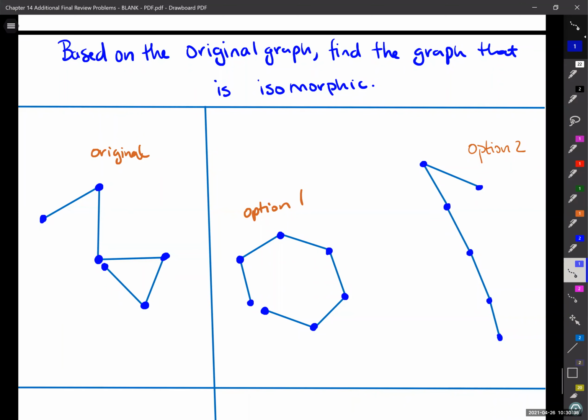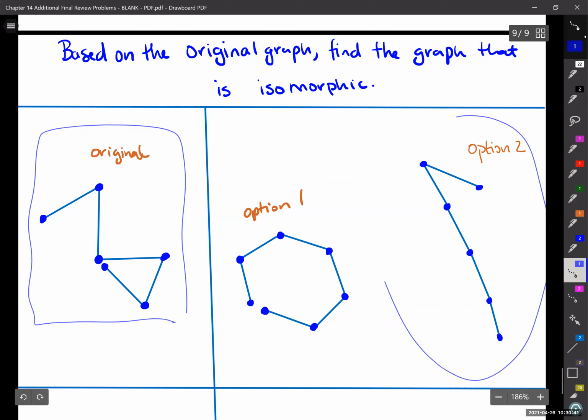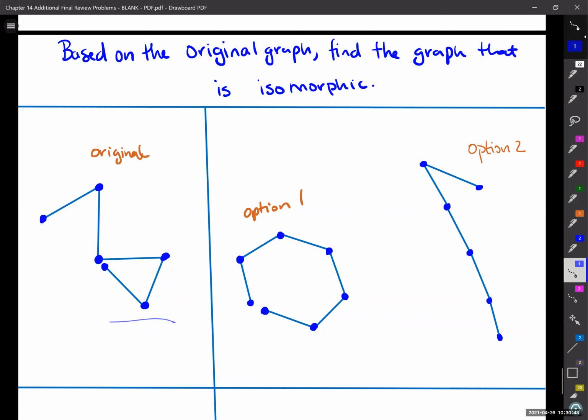If y'all would think here, we've got our original graph. Think of which of the two options to the right is isomorphic to the original graph.